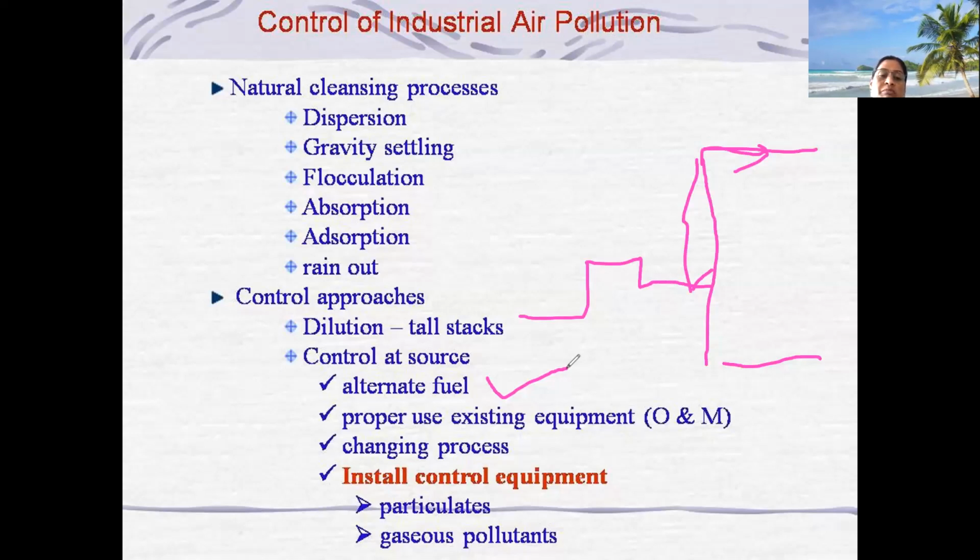For particulate matter control, what is meant by particulate matter? I told you the dust particle is known as particulate matter. Usually it is identified as PM. If I have written PM10, then it should be noted that it is particulate matter whose size is less than 10 micron.